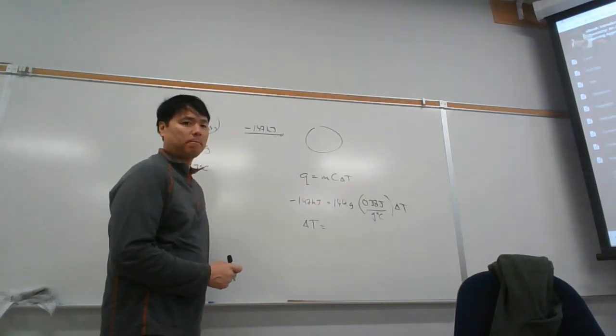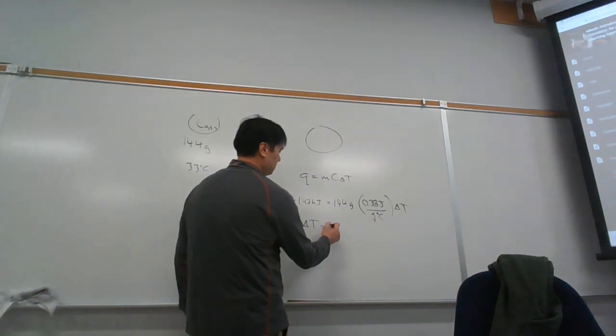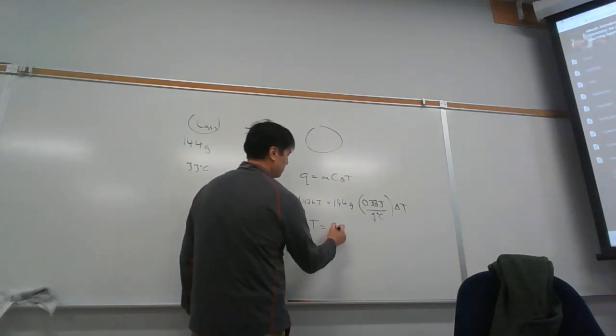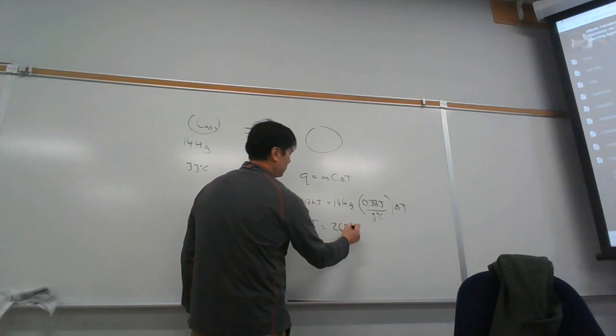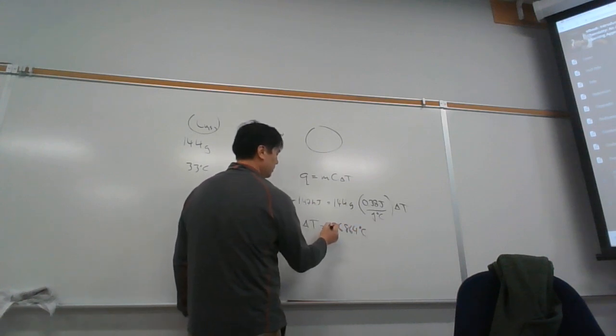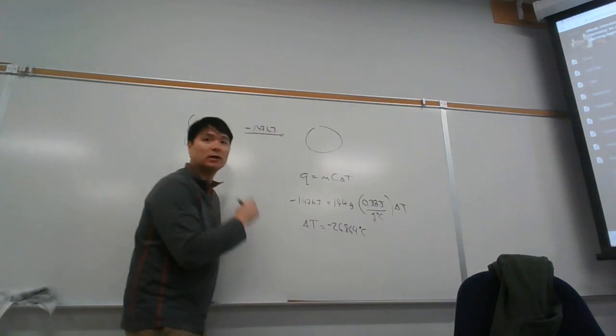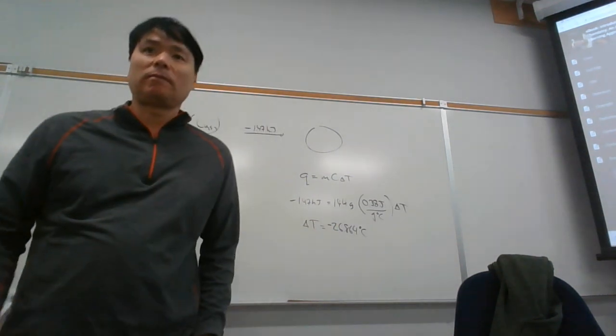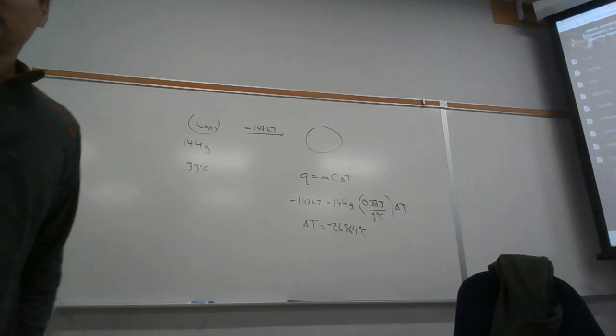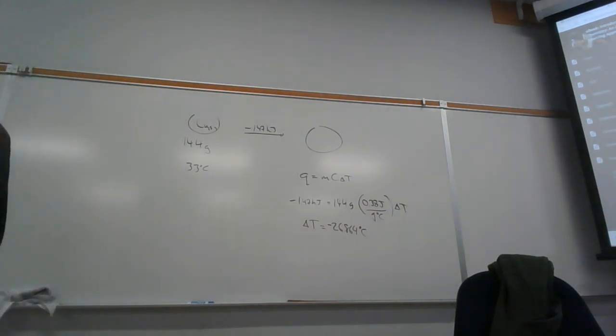I got 26.864. Negative? That's what I was confused about, because it's dropping temperature, so should that be positive? Oh, well, if it's dropping temperature, it would be negative.